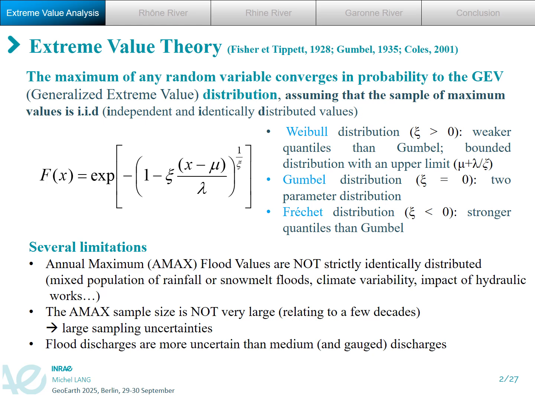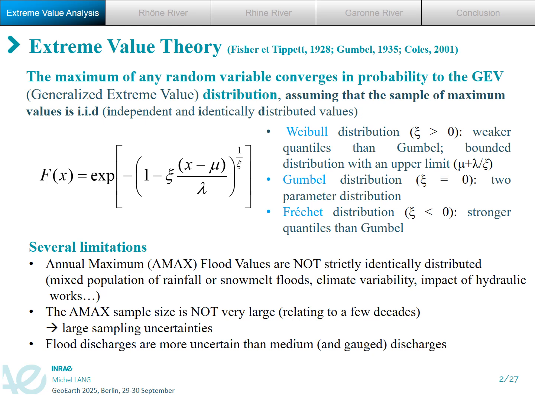Flood frequency analysis is based on extreme value theory, which states that the maximum of any random variable converges in probability to the GEV distribution, assuming that the sample of maximum values is IID, with independent and identically distributed values.